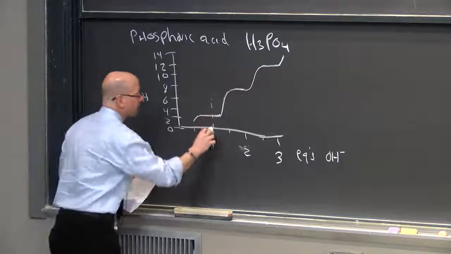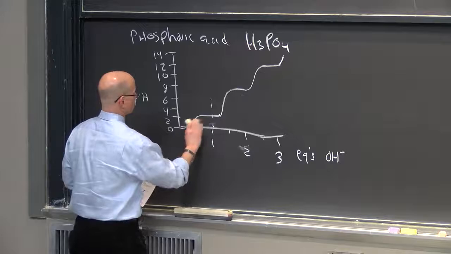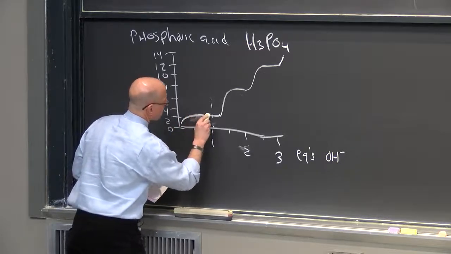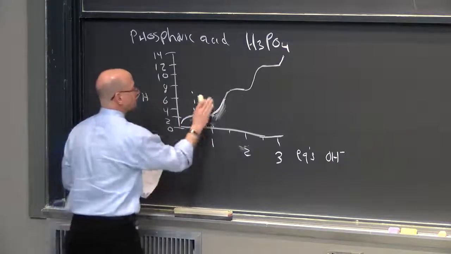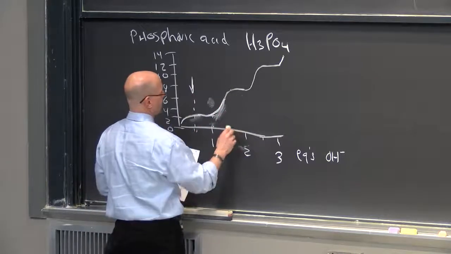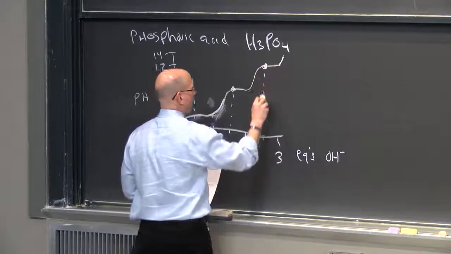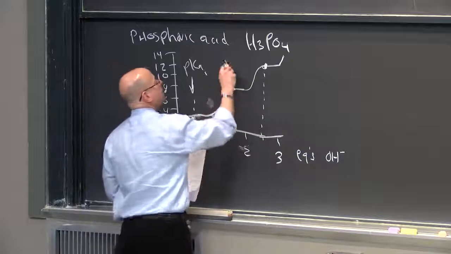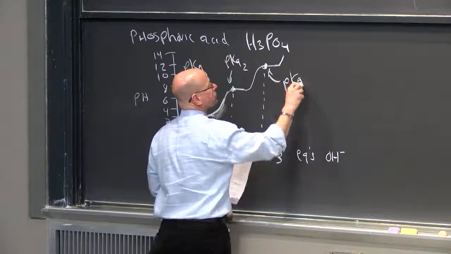Clearly, it looks like there are 3 points. Sorry, I drew this wrong. Let me draw it a little bit better. That's a little better. There are 3 separate inflection points that I get on this curve: pKa1, pKa2, and pKa3.